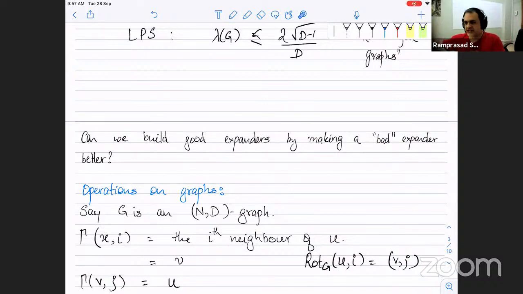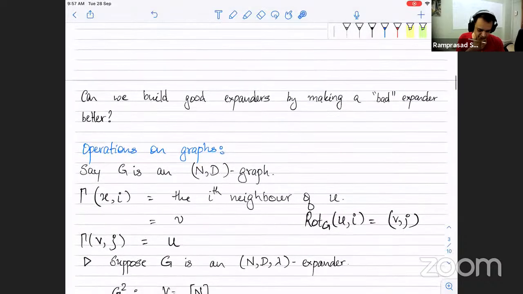Similarly, v might have a different numbering. The rotation map is basically saying that if I take the ith neighbor out of u, I end up at a vertex v, but I end up there using its jth edge. So you're keeping track of both pieces of information. Okay, cool.